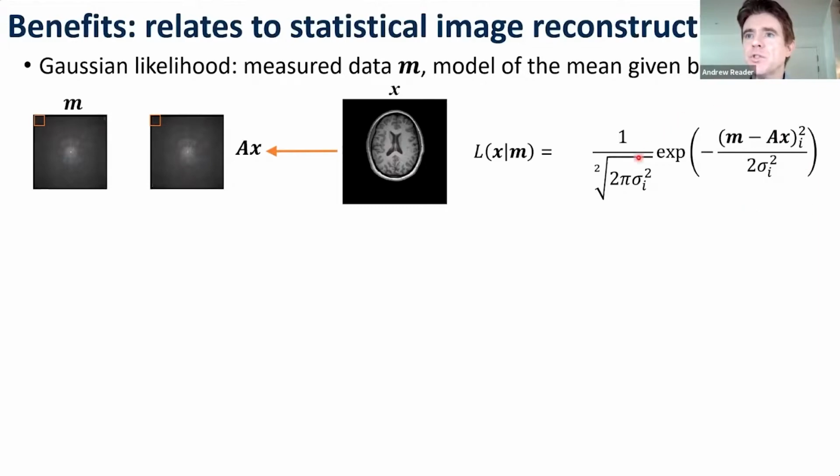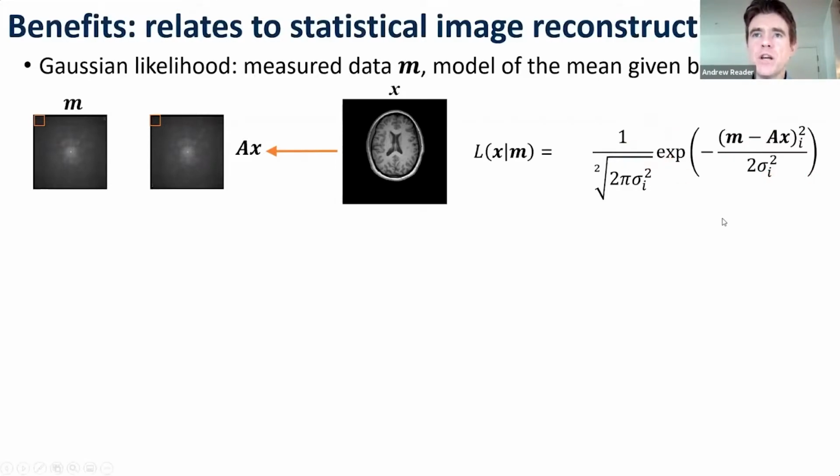This is effectively a Gaussian model, where the mean of the Gaussian is AX and the noisy measured value is M. I'm dealing with single elements, subscript i, and this is just the definition of the Gaussian probability distribution, which I hope you're all familiar with.